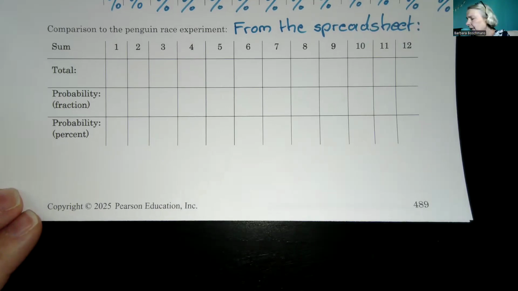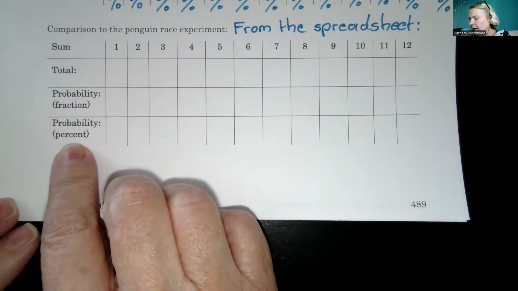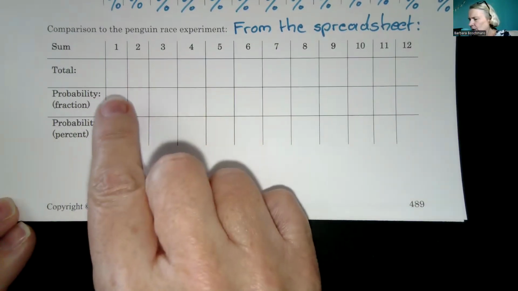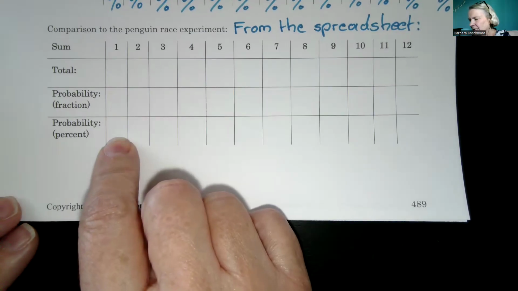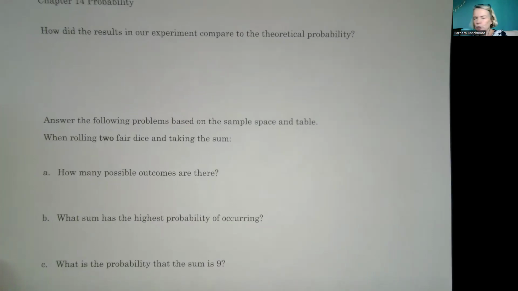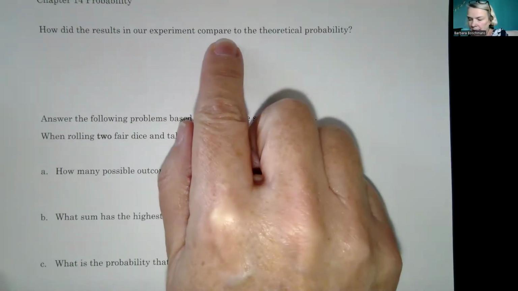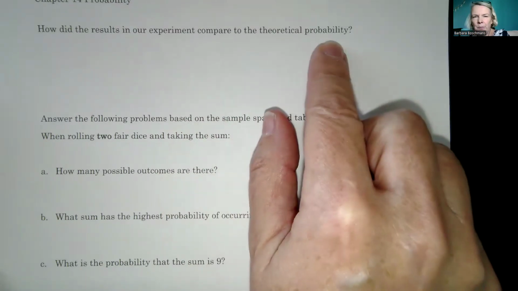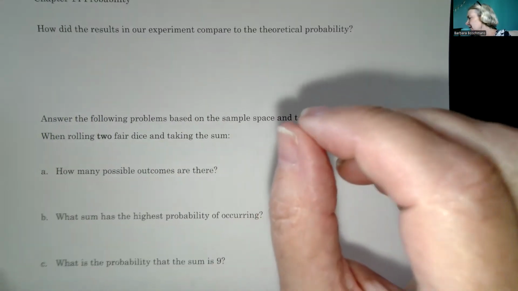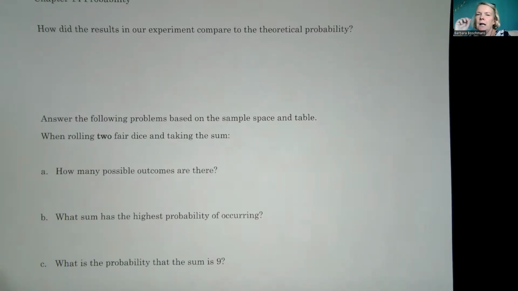So go back to that link and figure out at that given time the total, the fraction probability, and the percent probability. And then once you have filled that out, you want to compare our experiment, that's the spreadsheet, to the theoretical probability, which is what I just completed in that top table, based on the theoretical probability of rolling all these different sums.